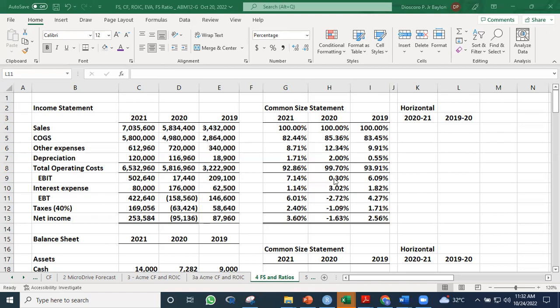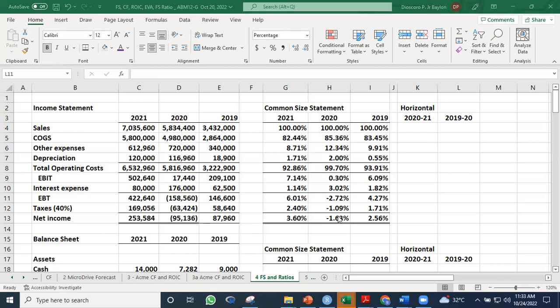Okay, kasi 0.3 minus 3.02. Negative na lang. Ibig sabihin, wala na, kulang na yung natin. Loss na tayo. In fact, 2020, sa bawat 100 pesos na nabenta natin, nag-aabono pa yung kumpanya ng 1.63. No? Ibig sabihin, lugi. Lugi ng 1 peso and 63 centavos.